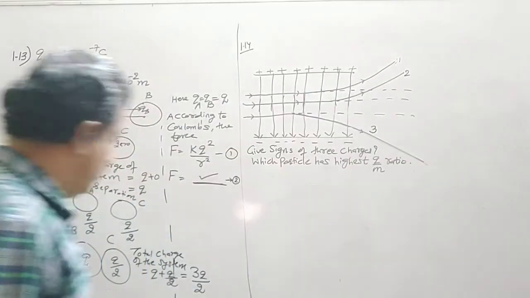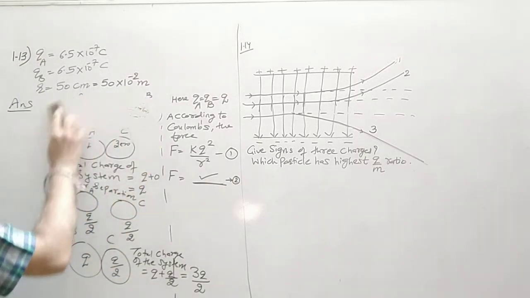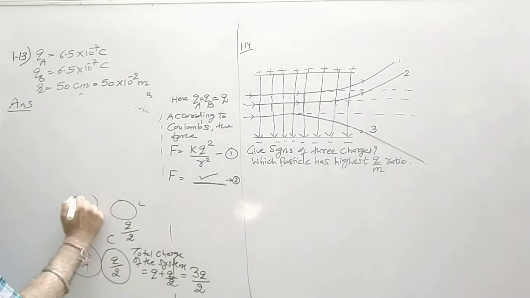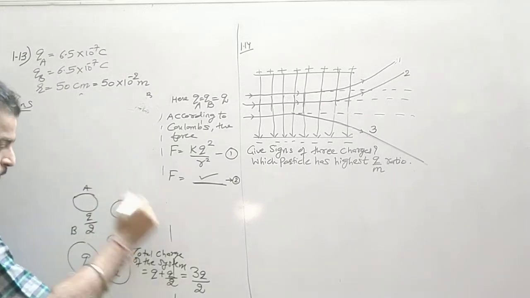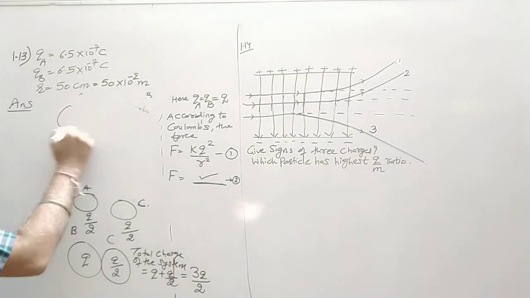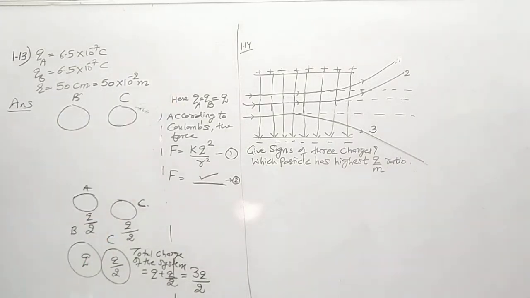Now, sphere C is separated from B. So when we separate B and C, what we have to do? Both are identical again.